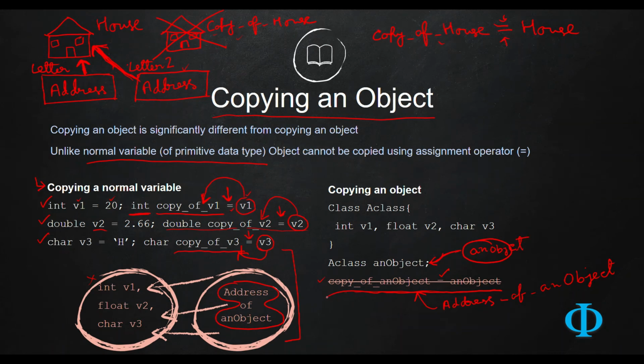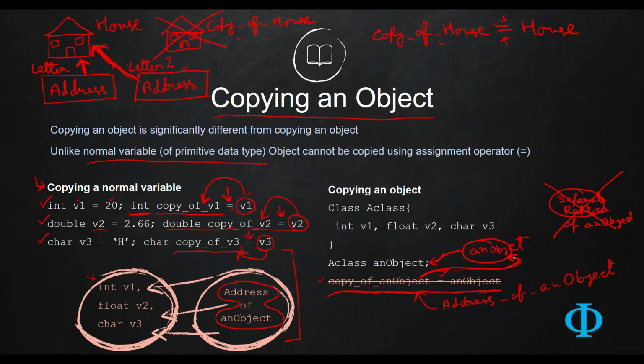Now whenever you write copy of an object equals an object, instead of making a separate replica of the object, that does not happen. It basically starts pointing to the same object, as you can see in here.